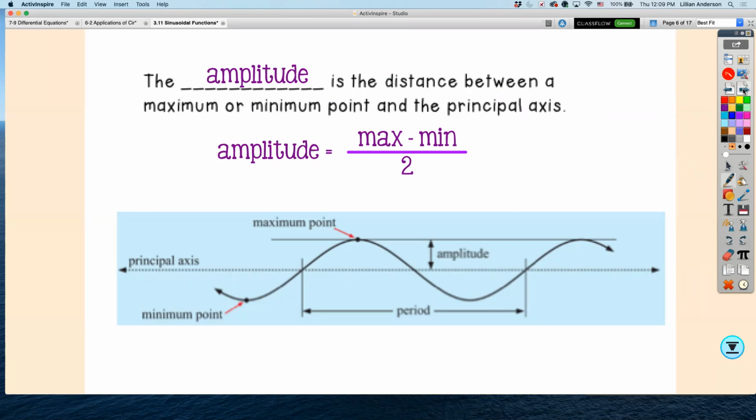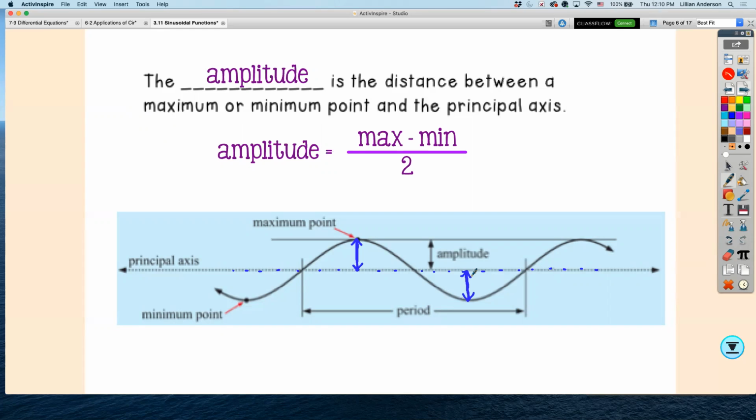And then we have our principal axis, which is that line, kind of cutting that curve in half. The amplitude is that distance between the principal axis and a maximum point, or the principal axis and a minimum point. Whether you choose a maximum or a minimum, it is the same distance.